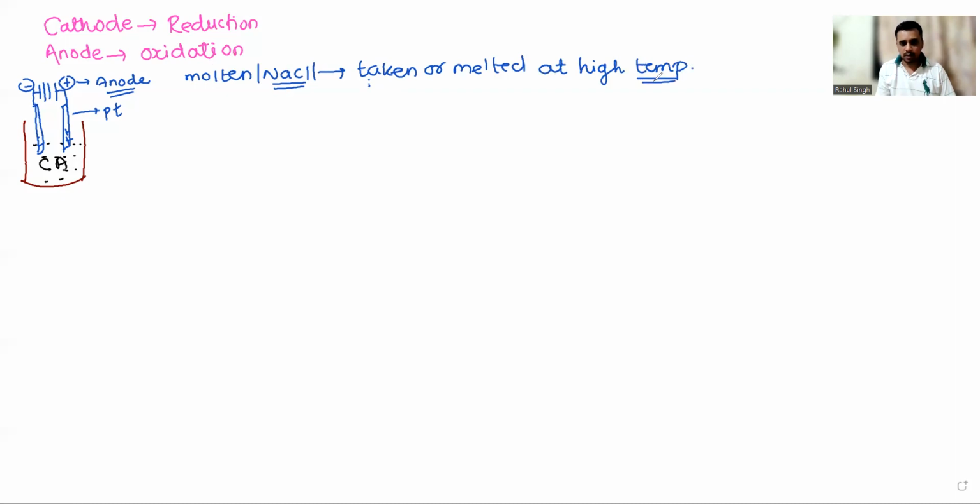Only Na and Cl will be there. So when we take molten NaCl, only NaCl will be there, with Na as positive and Cl as negative.